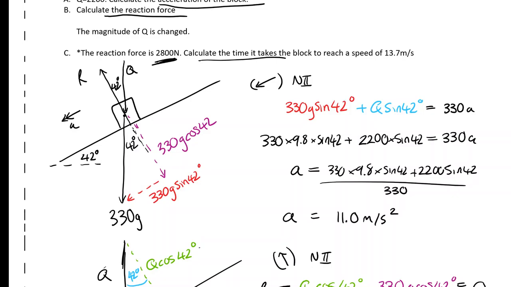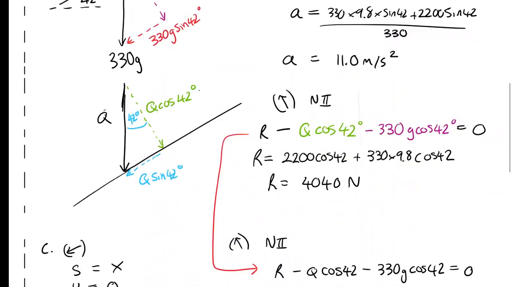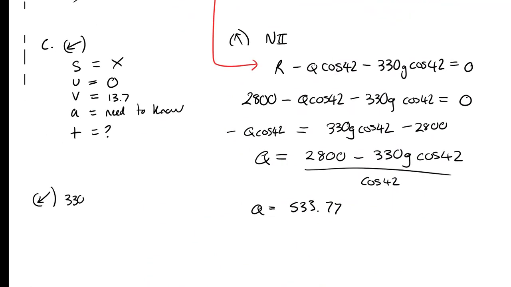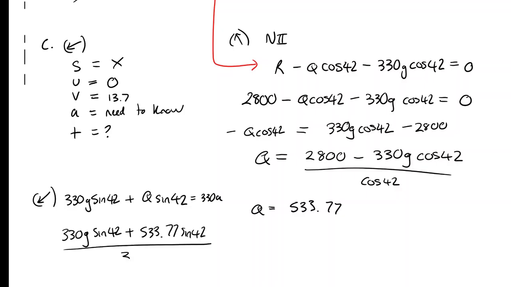Because it's still the same setup, we haven't removed any of those forces and we're still resolving down the slope. So 330g sine 42 plus q sine 42, and that's equal to ma, 330a. We know q is 533.77, so 330g sine 42 plus 533.77 sine 42 all over 330 is equal to a.